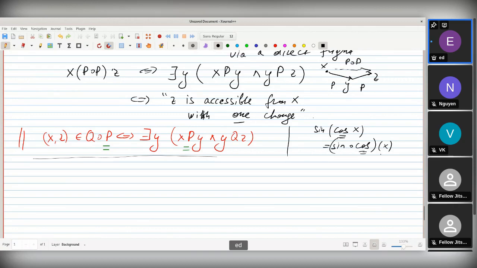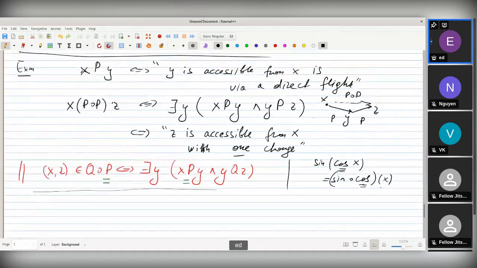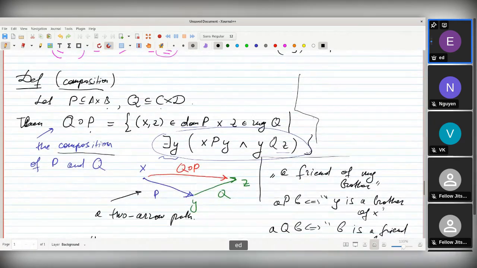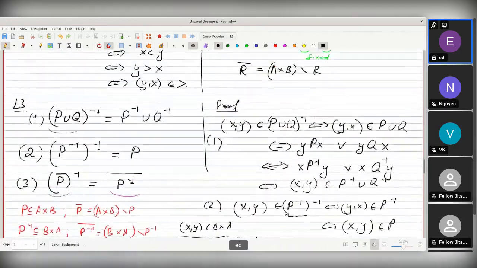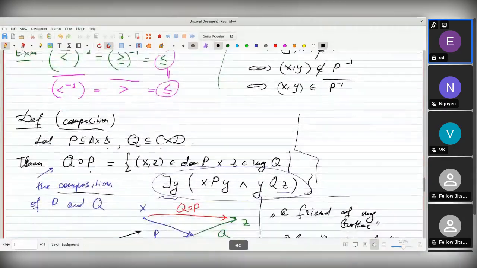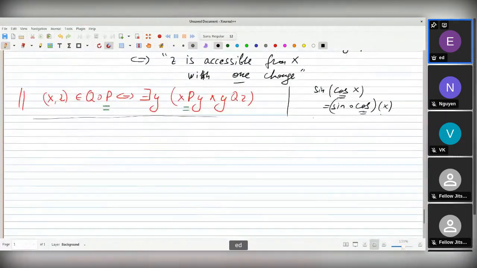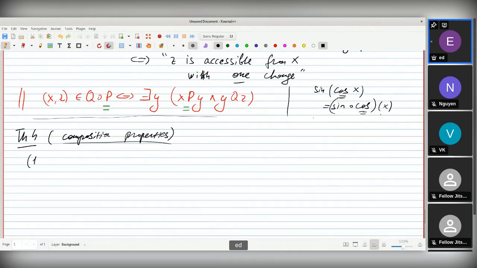And in order to finish our lecture, let us prove a theorem about this composition. Composition properties. The first and the most important is its associativity.